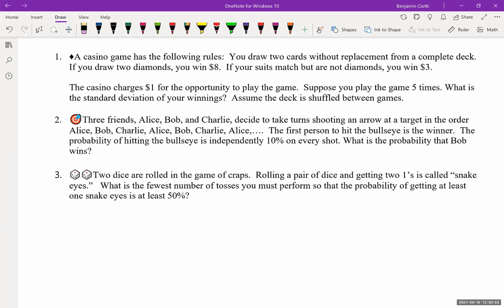Right. So like if you did say, I don't know, 10 tosses, you could find the probability of getting 1 snake eyes or 2 or 3 snake eyes. Well, we want to find the number of tosses so that the probability of at least getting 1 snake eyes is at least 50%.